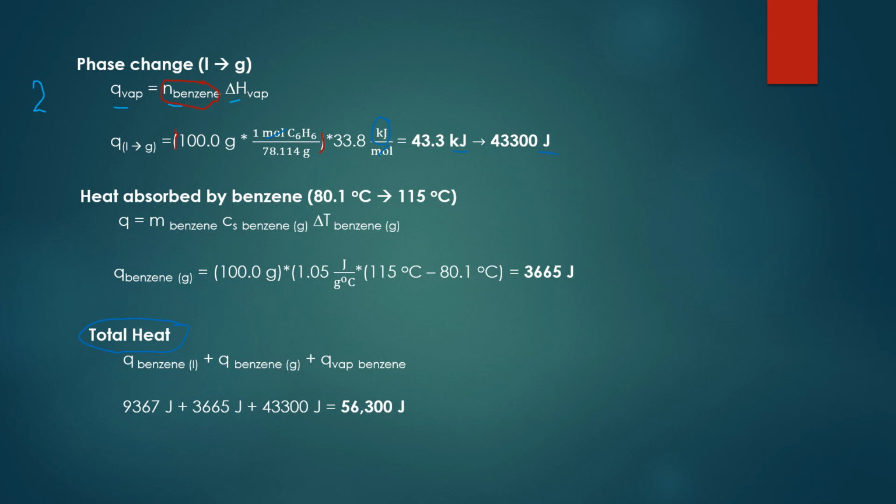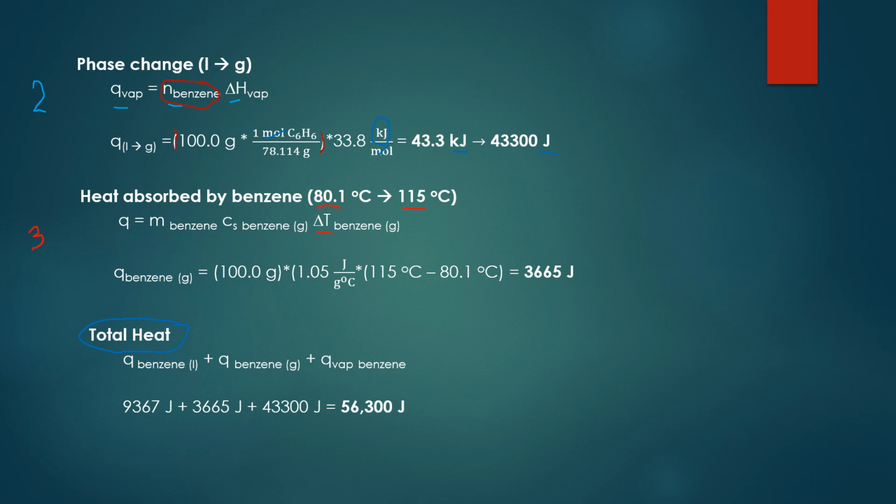For the third step, we're looking at that last diagonal line where we are in the gas phase, and the gas is being heated up from its boiling point, 80.1, all the way up to 115. So those are our 2 temperature values that we will be putting into this delta T part of the equation.